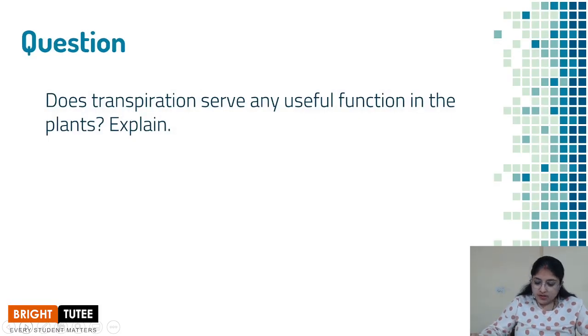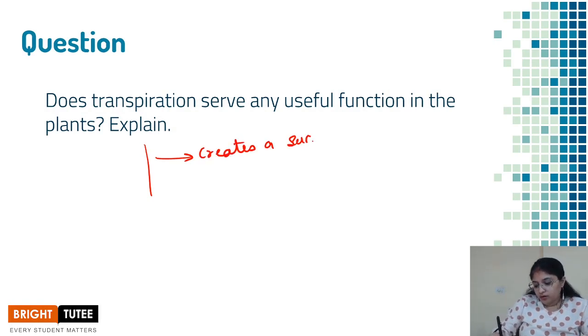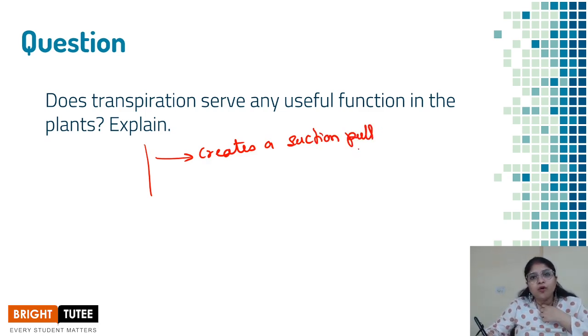Does transpiration serve any useful function in the plants? So definitely there are two important functions. First of all, it creates a suction pull that allows the upward movement of water from the roots towards the leaf.